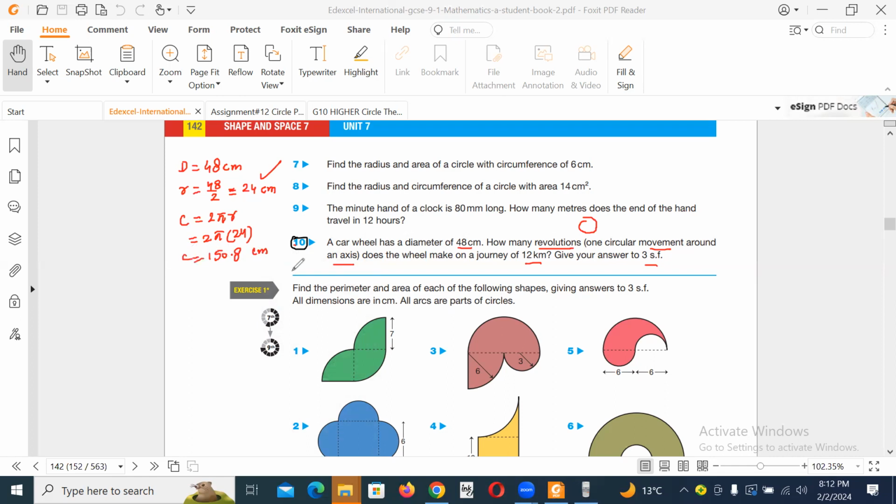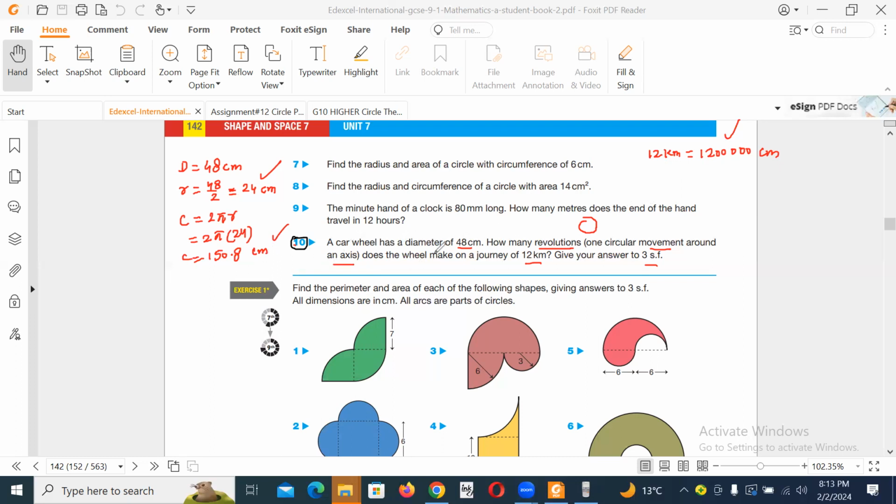This is for one revolution, but they say the journey distance is 12 kilometer. How many centimeters in 12 kilometer? Because your one circular distance is in centimeter. When we change kilometer to centimeter, multiply by 100,000. So this is 1,200,000 centimeter.